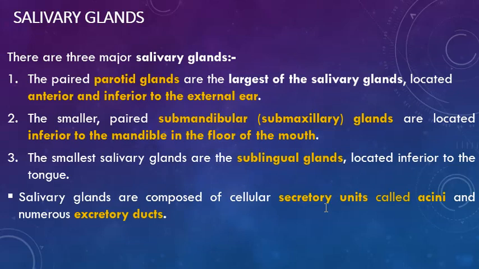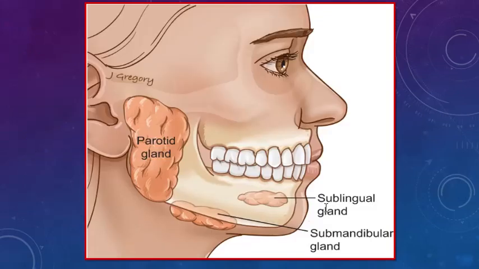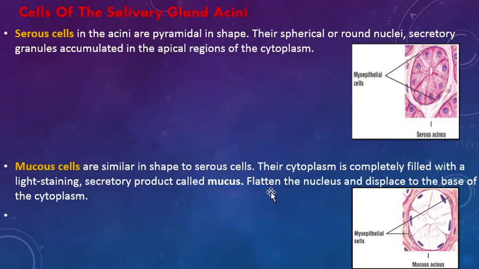They open to the oral cavity to transport the saliva. This figure shows the location of the three types of salivary glands: parotid, submaxillary, and sublingual.